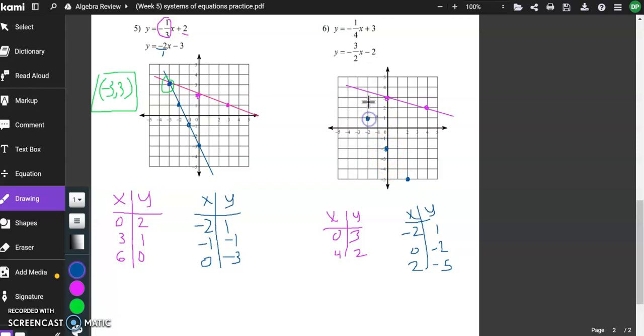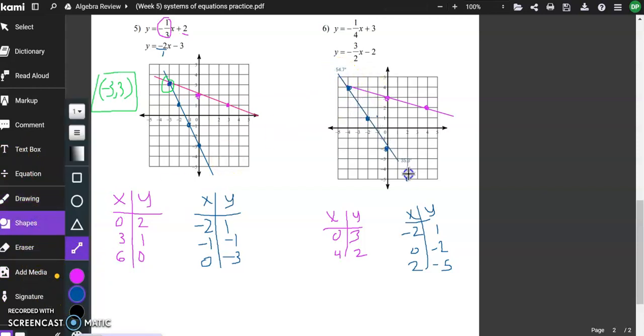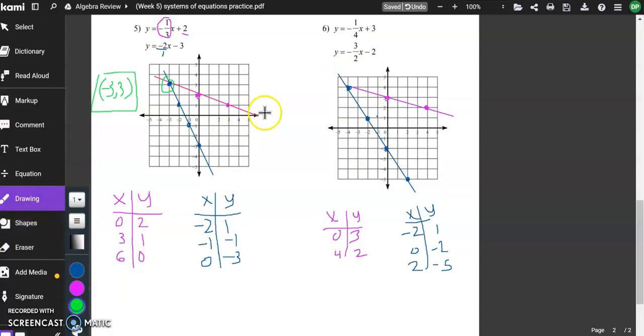One right here. And again, we already seen that these things are going to intersect up here. Let's go ahead and insert our line here. And we're almost done. Just have to identify my answer. So again, they're crossing right there, and that point is negative 4, 4.